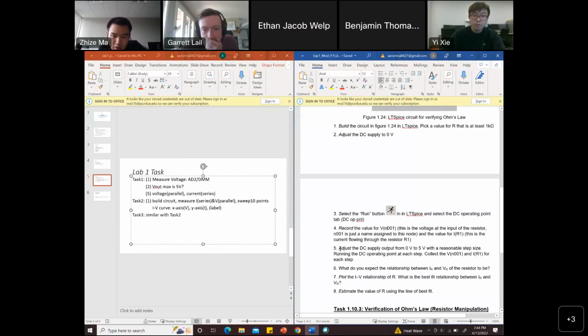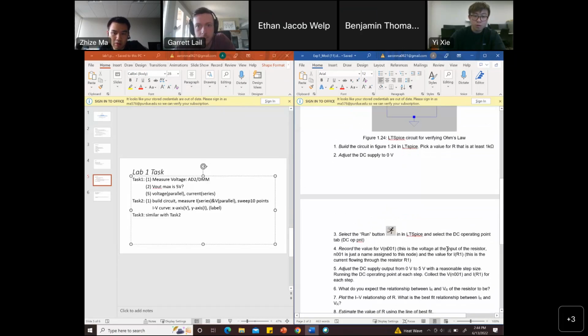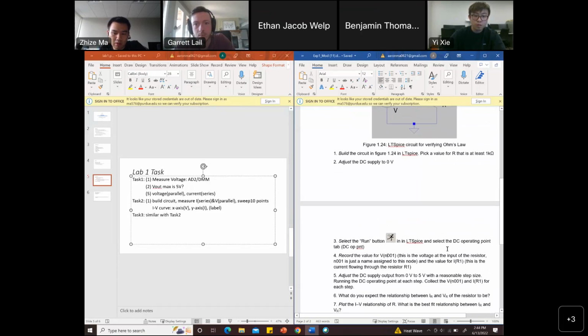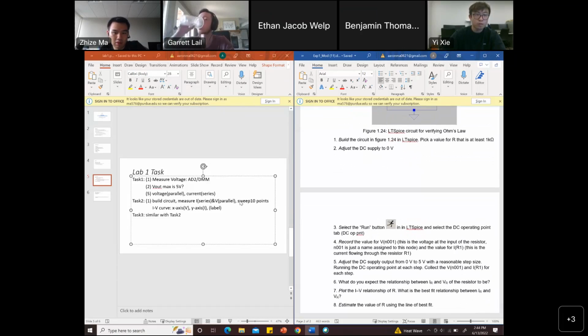They need to adjust the DC supply to go from 0 to 5 volts with a reasonable step size. Since they are using LTspice, it's a quick simulation process. So try to let them sweep at least 10 points. That's a reasonable step size.